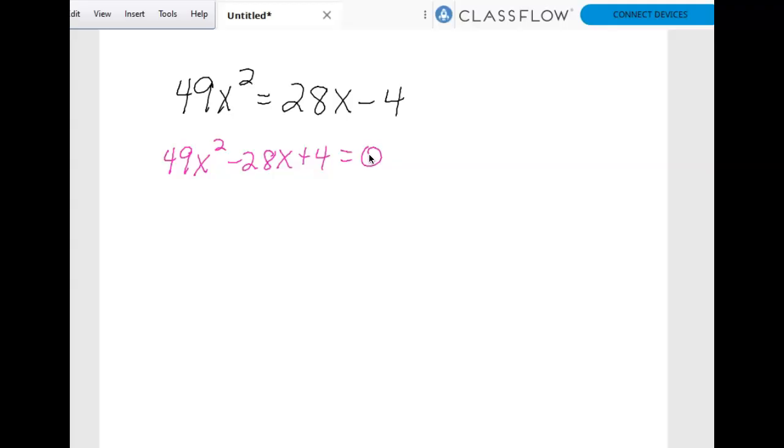And what did I say we should always check when you multiply and you get a big number? Is it a perfect square? Is 49 a perfect square? Is 4 a perfect square? All right. So what is the square root of 49? And then the square root of 4?